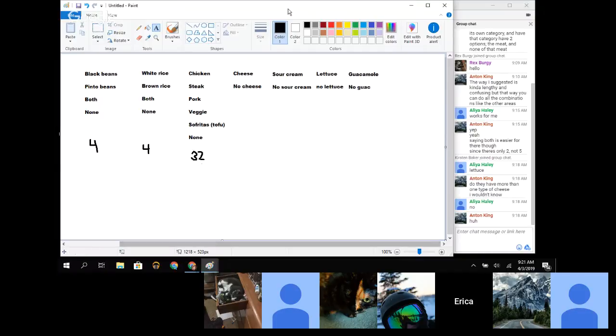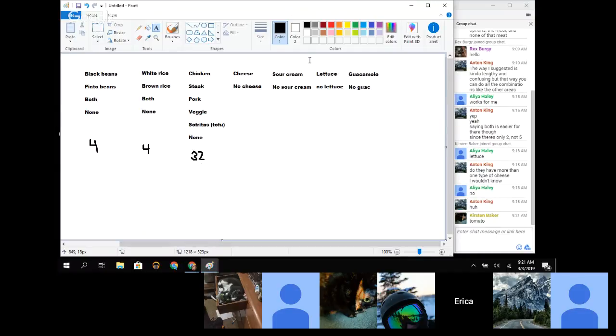Cheese, sour cream, lettuce, guacamole, salsa. I think that's it. All right. So for our toppings here, we have cheese or no cheese, so that's two choices. We have sour cream, we have lettuce, and we have guacamole.